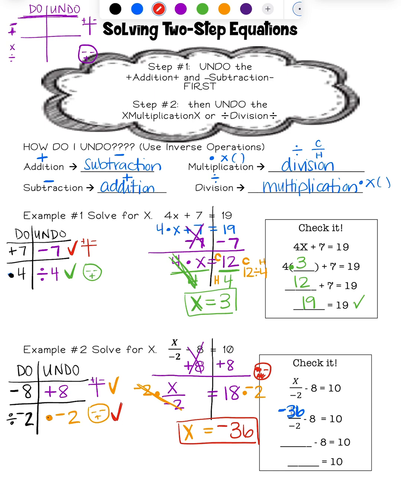I know I will need integer man because I am dividing there, so I'm going to go ahead and draw him right there. All right, what is -36 divided by -2? Well, that's going to be a positive 18. And then what is 18 minus 8? Well, that is 10. Does 10 equal 10? Yes, it does. And I have proven my answer.